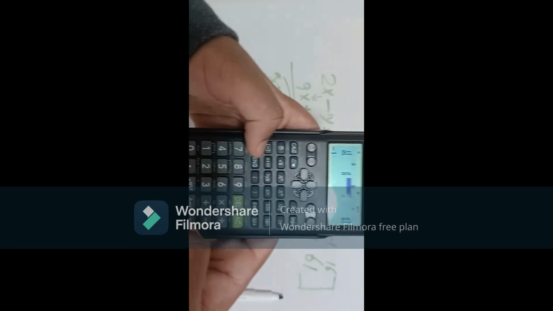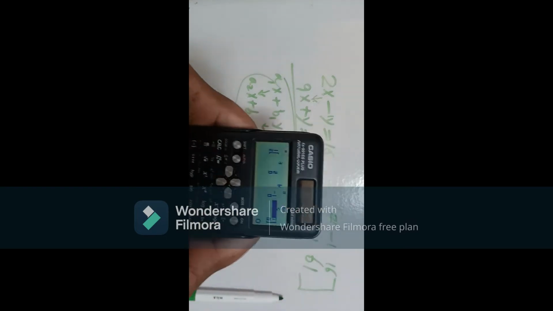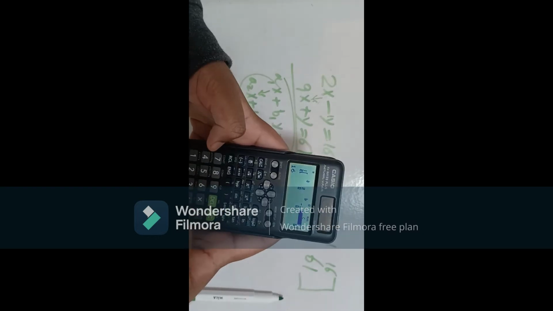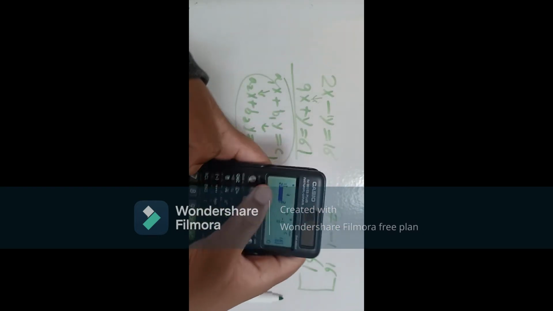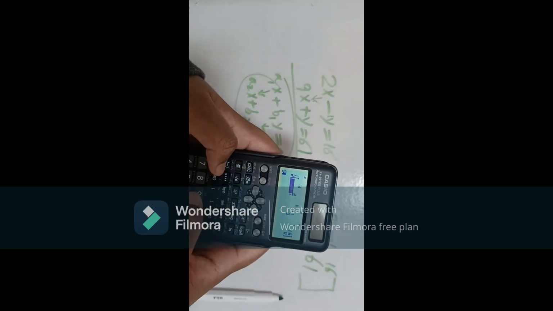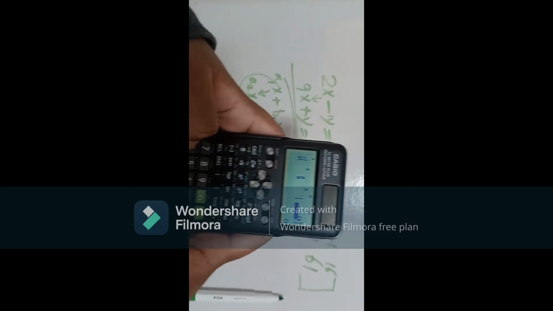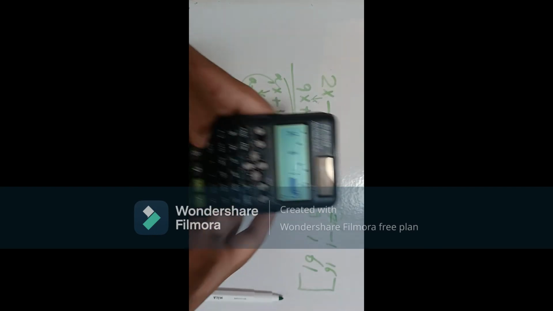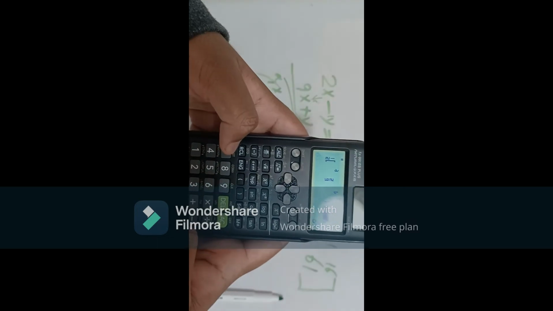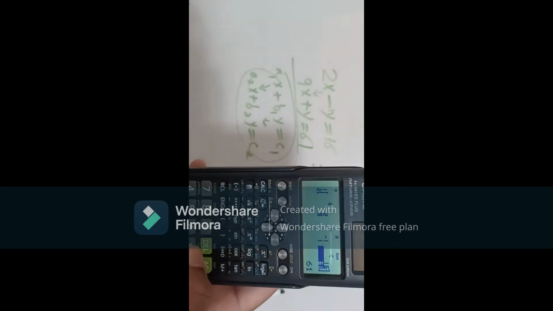Alright, and then we hit equal, so they register in their own places, the same thing. And then we have 16, and then equal. Then we go to the second row. We're going to put 9, then equal, 1, equal, and then we have 61, and then equal.